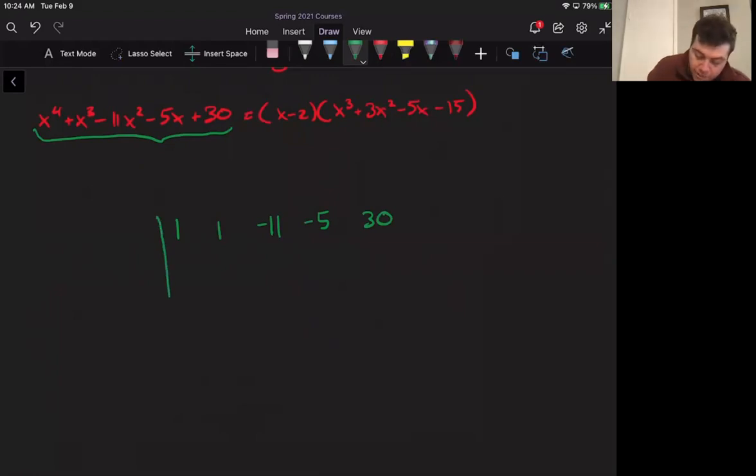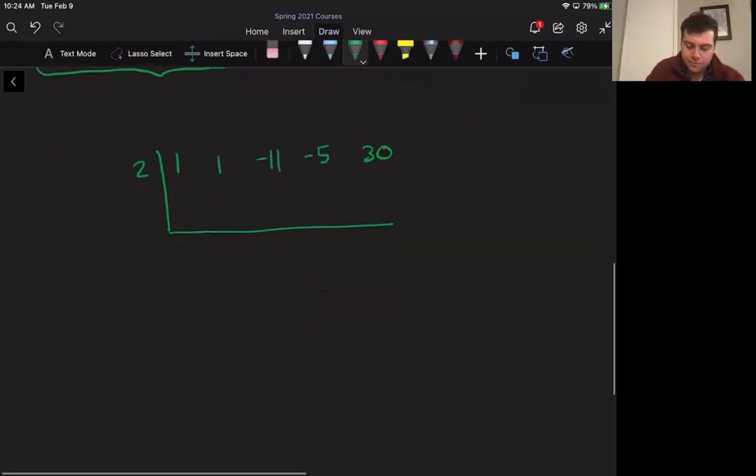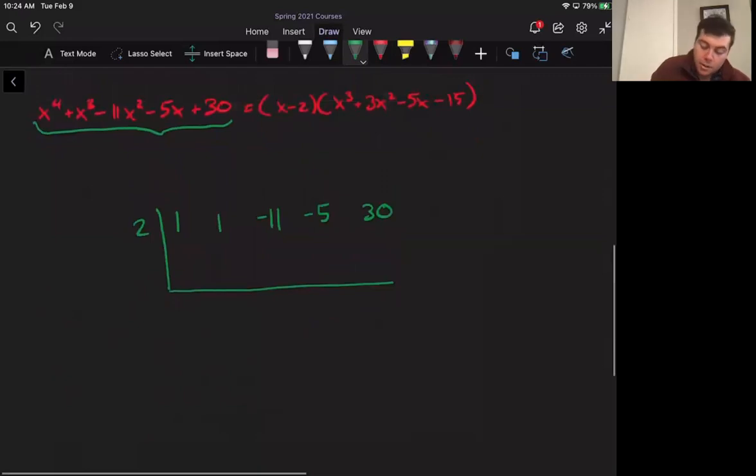Now, we draw this little box, but upside down. And the number that we want to check is a root, we're going to put right here as just 2. So now we're not worrying about it being x minus 2. We're just putting 2. We're going to start with bringing down this 1.